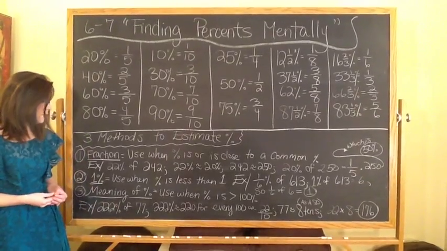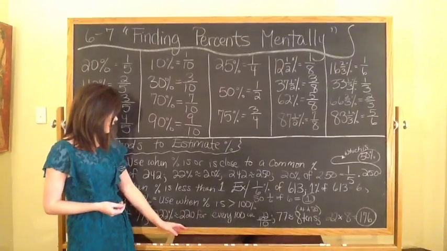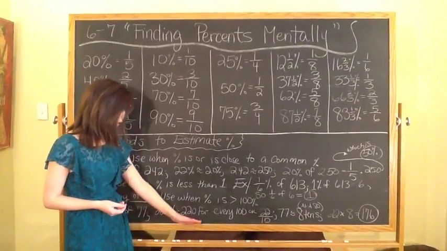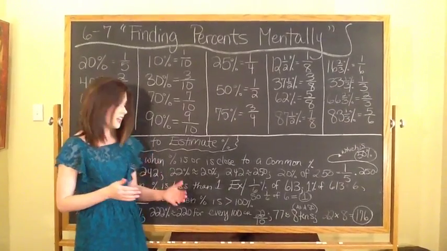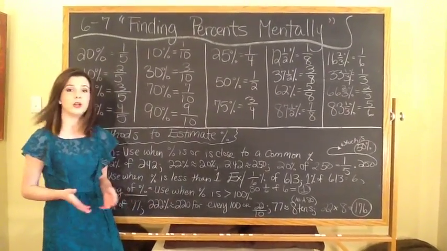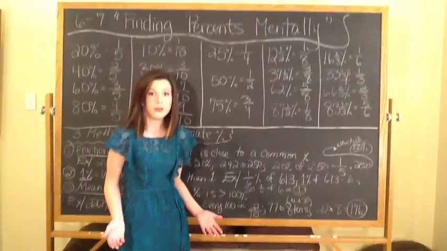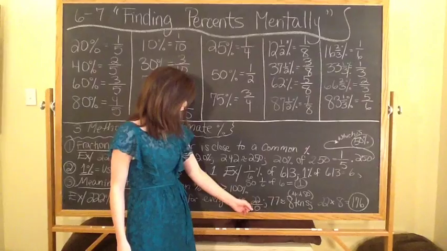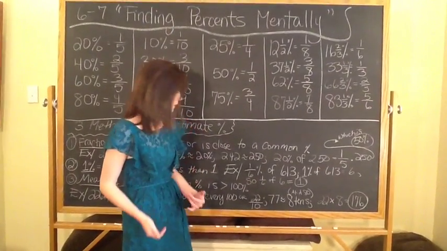The first thing you have to think through is that 222% is about 220 for every 100. So for every 100 things, you're going to have 220. And then you think, okay, 220% is about 22 over 10 once you simplify 220 over 100 down.